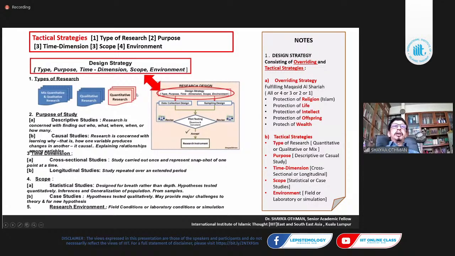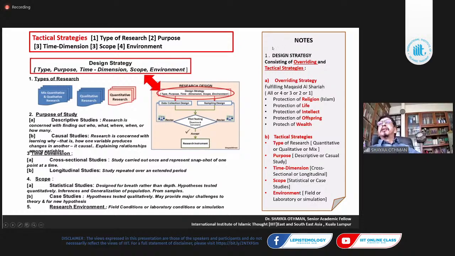When we talk about research design, that's strategy design. Of course, it relates to type of research, the purpose of research, time dimension, case study, and the scope and environment. You can look at the note here.